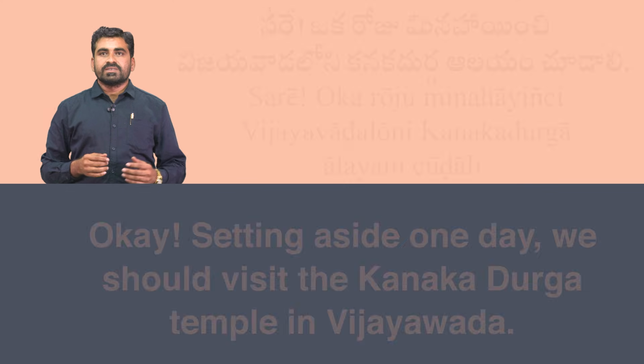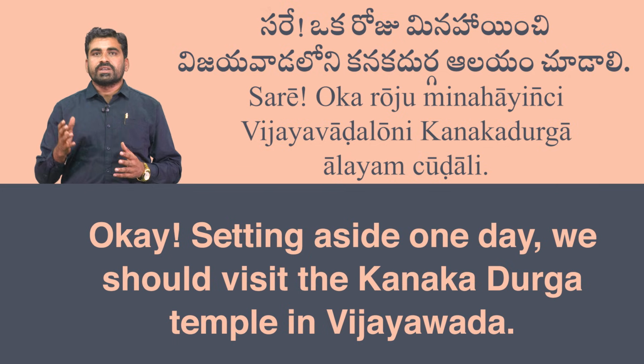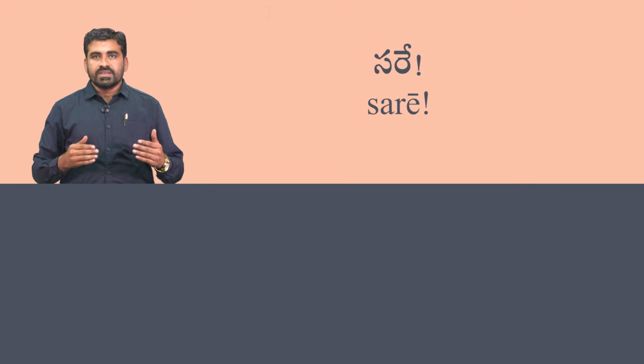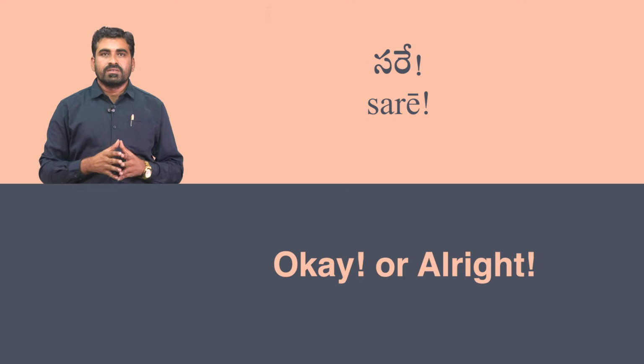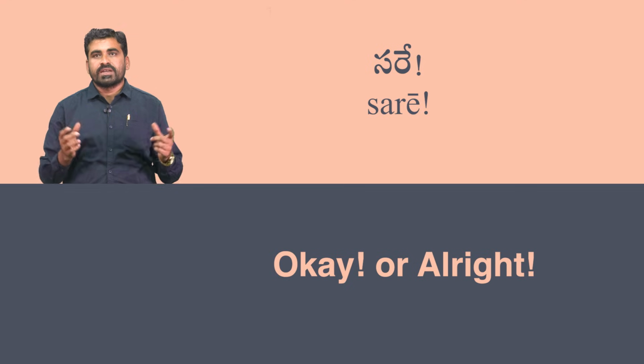The sentence, సరే, ఒకరోజు మినహాయించి విజయవాడలోని కనకదుర్గ ఆలయం చూడాలి, is a compound sentence expressing both agreement and a suggestion. The exclamatory word సరే means okay or all right and shows agreement with a prior plan.